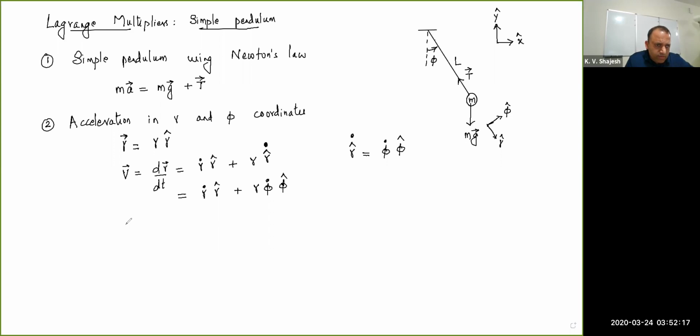Similarly, acceleration is the derivative of velocity now, and we have to proceed and take the derivative of all the terms in here. So this leads to r double dot times r hat, and then we can take the derivative of r hat.